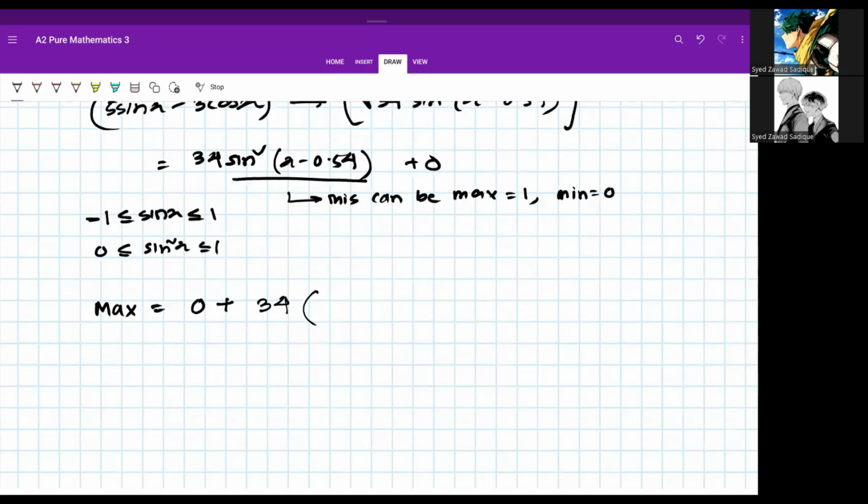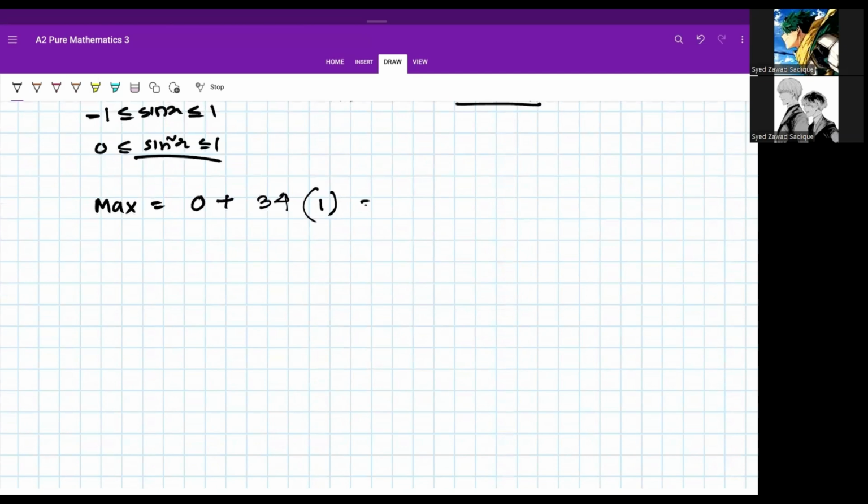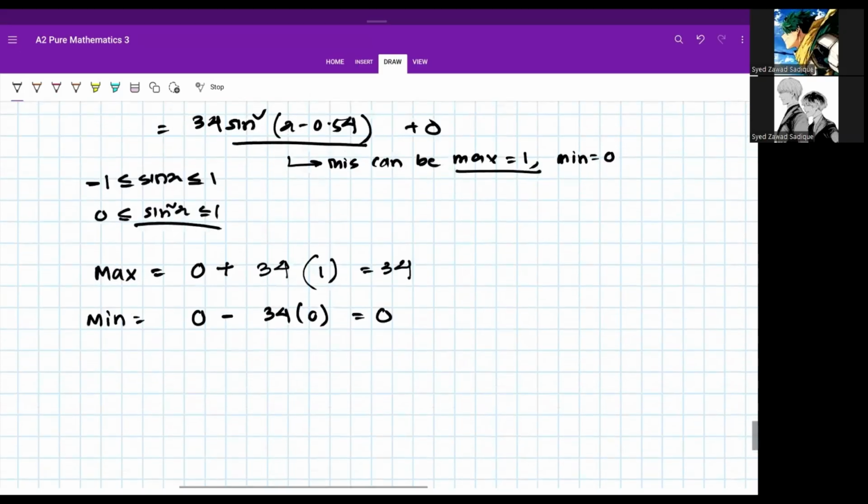The max value of this can be 1 because of our range. So 1, which equals 34. Now, the minimum value is 0 minus 34 times 0, which equals 0, because the minimum value is 0.